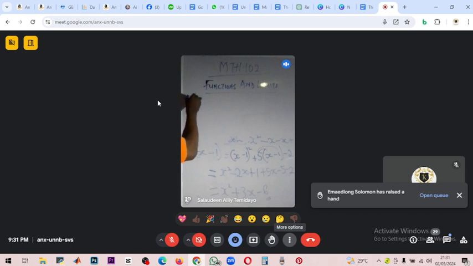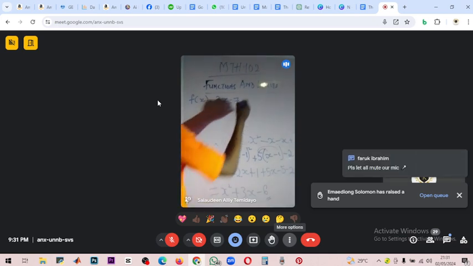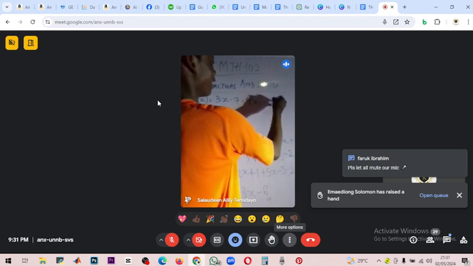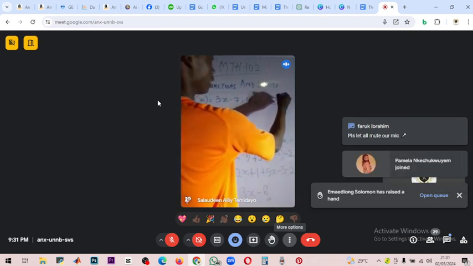I have a function f of x given to be 3x minus 7. Now, another function g of x is equal to x squared minus 1.